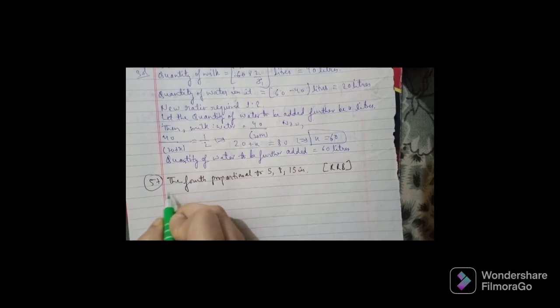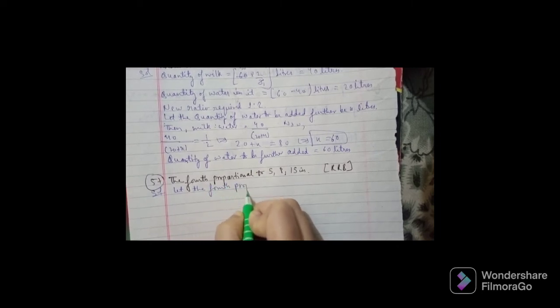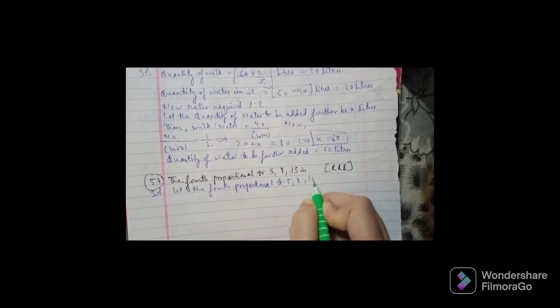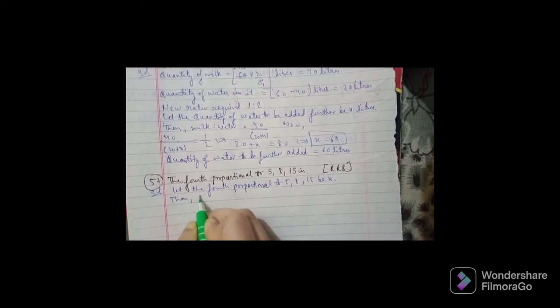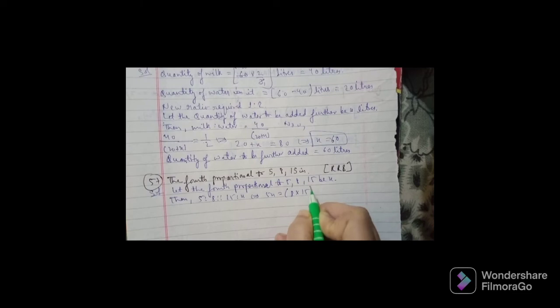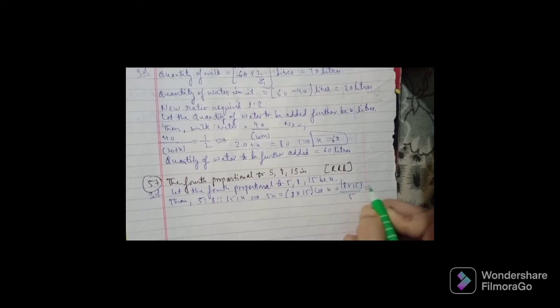Let the fourth proportion to 5, 8, 15 be x, then 5/8 equals 15/x, 5x equals 8 into 15, which is x equals 8 into 15 upon 5, and 5 ones are 5, 5 threes are 15, so 8 threes are 24.